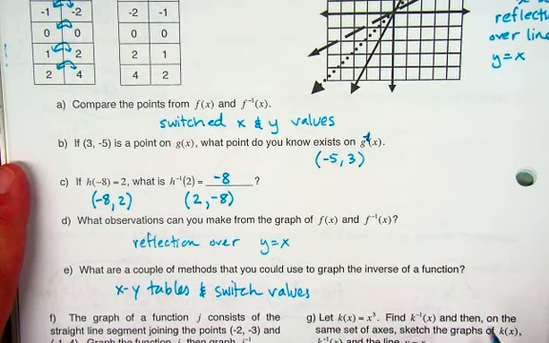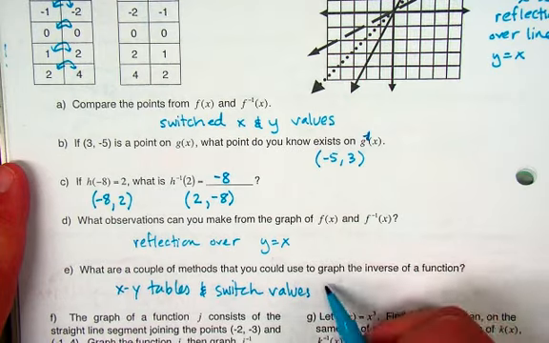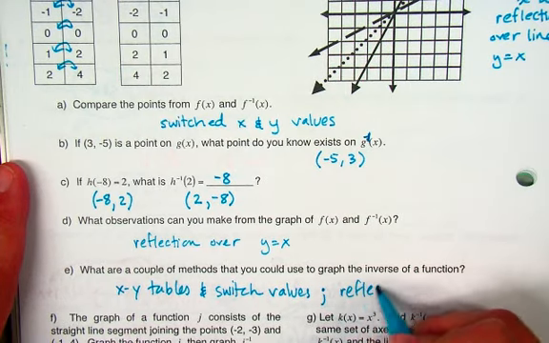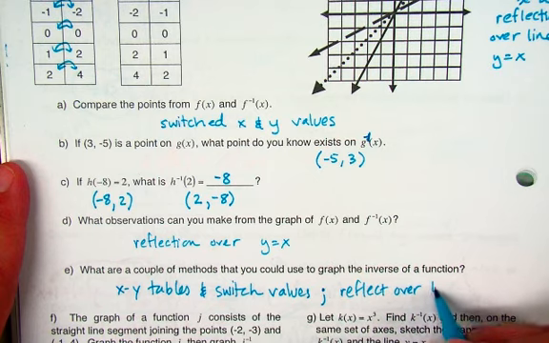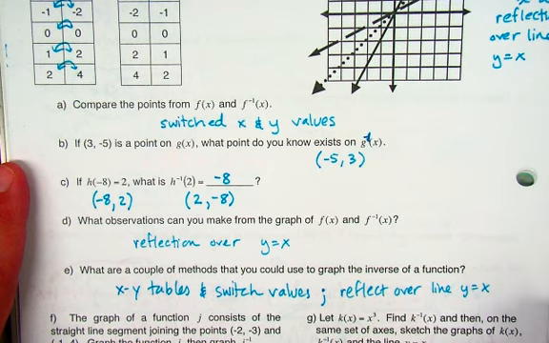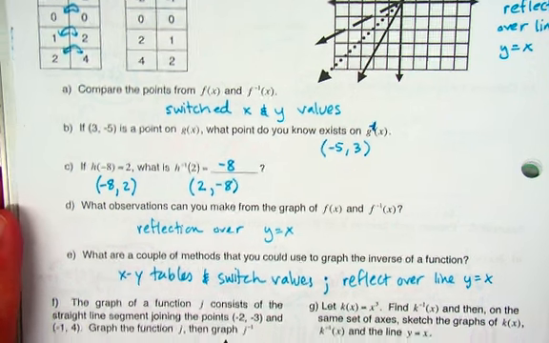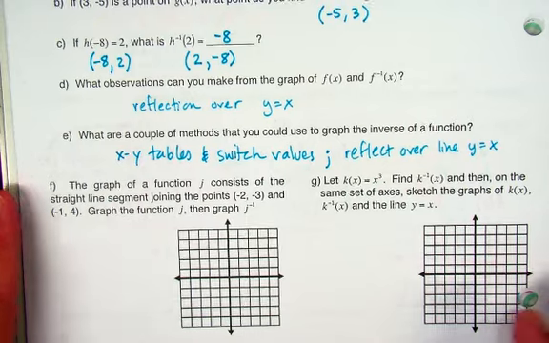Another way would just be to reflect it over that line. And then still a third way would be to find the equation algebraically. And we'll talk more about that as I continue on in the notes here. So far we'll just start with those two in terms of graphing.